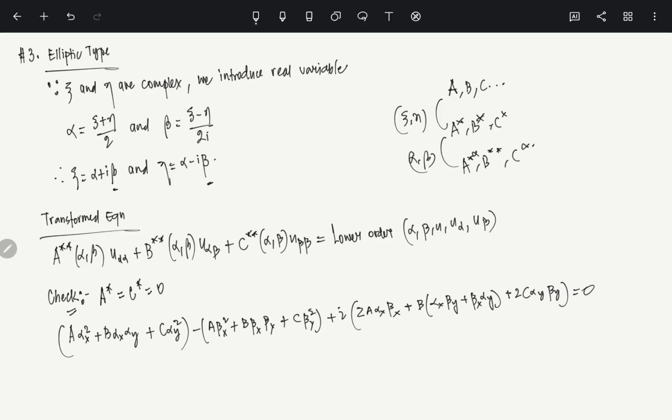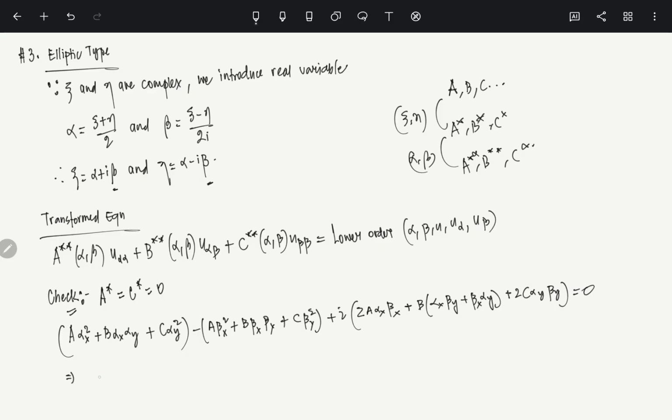And similarly, you can have a similar sort of thing, but for one second, I think I made some mistake somewhere. Yes, this is fine. The calculation is okay. So that will imply what?